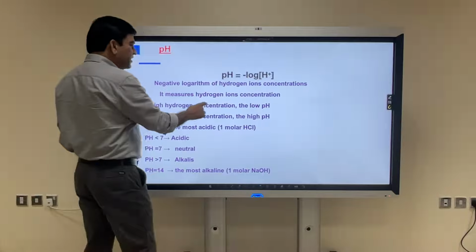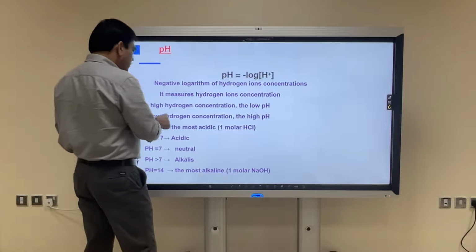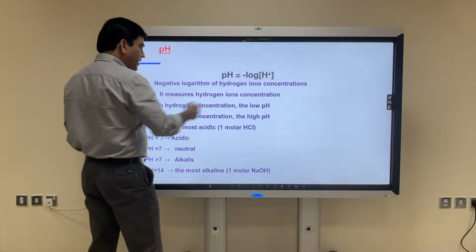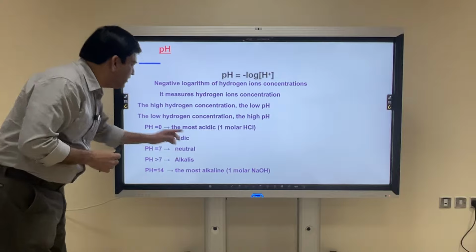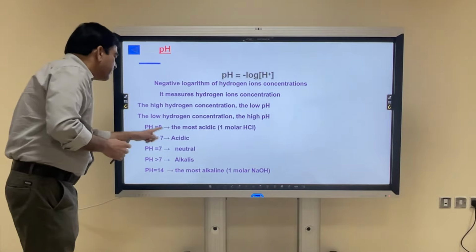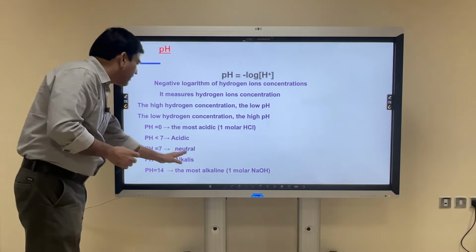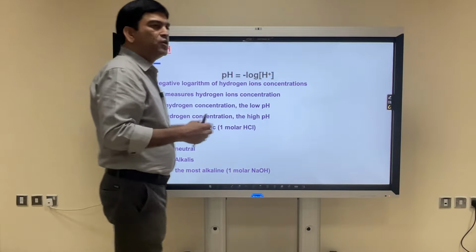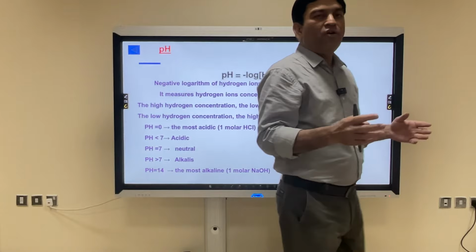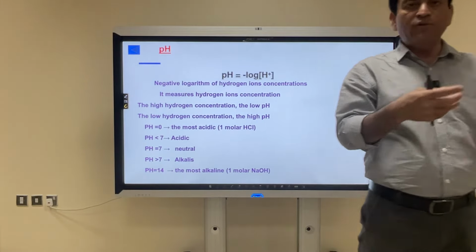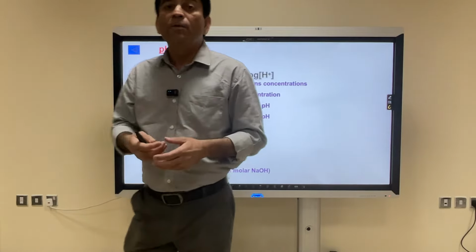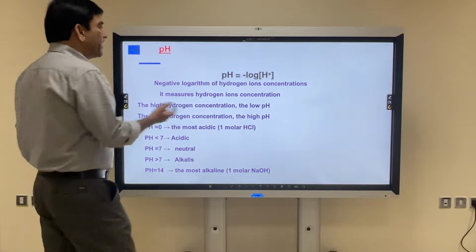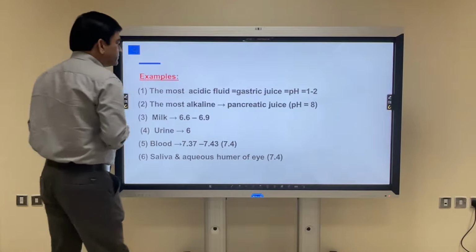The higher the hydrogen ion concentration, the lower the pH, and the lower the hydrogen ion concentration, the higher the pH. pH 7 is considered neutral. On the scale, pH 7 is distilled water, which is neutral. Less than 7 is acidic. More than 7 is basic or alkaline.